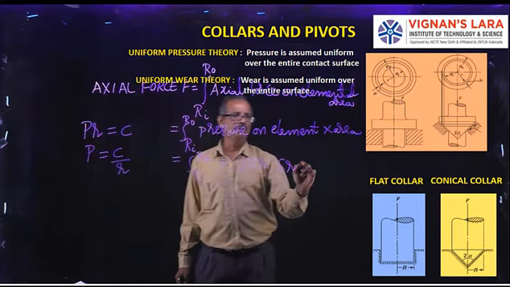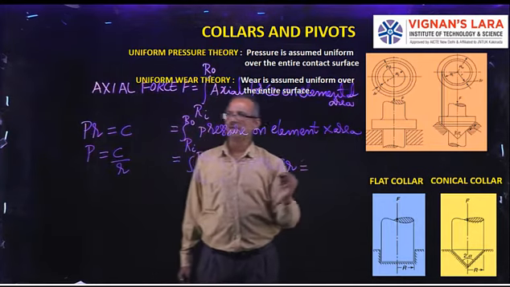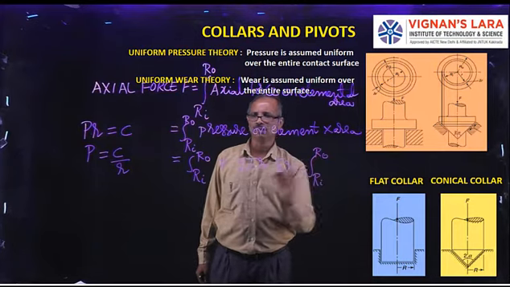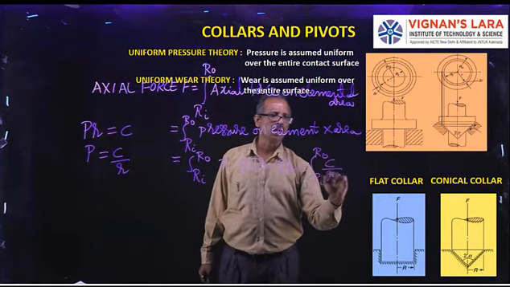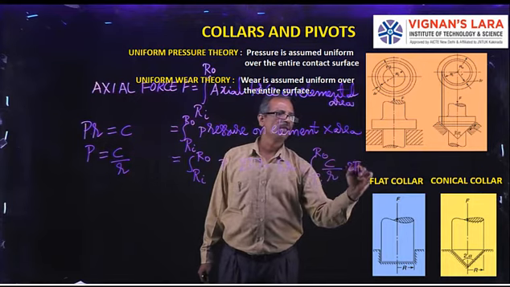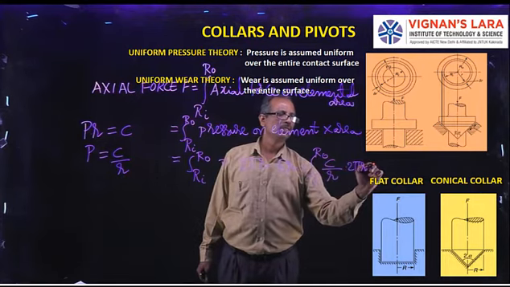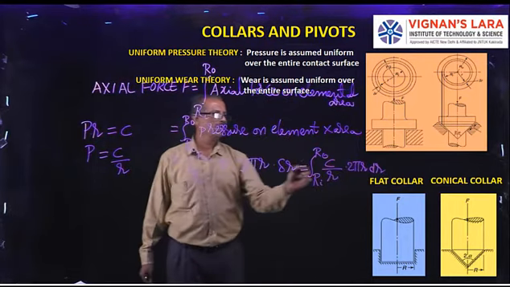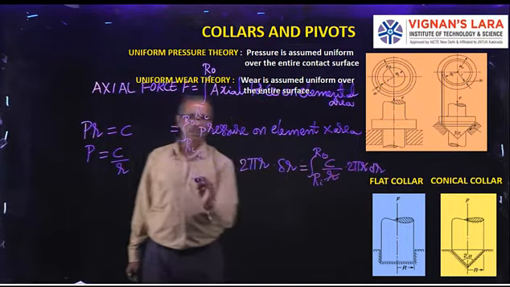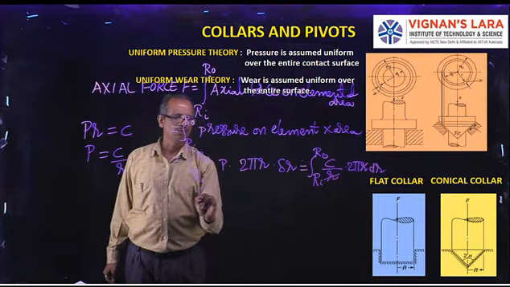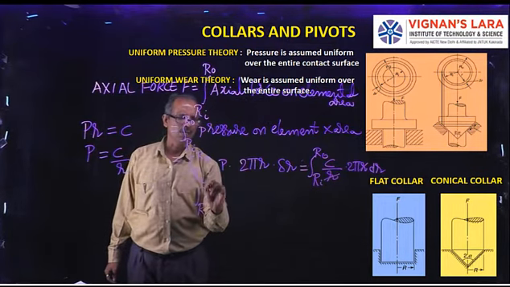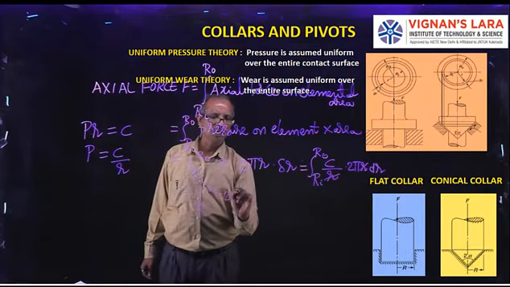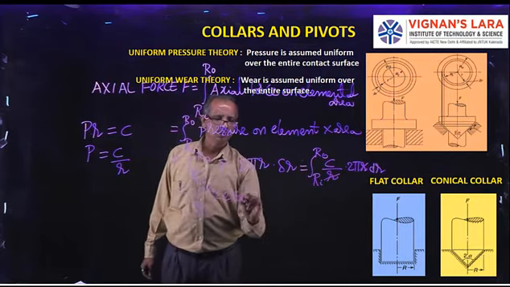From that I replace my P value by C by R, from Ri to R0: C by R, 2 pi R dr. Delta R can be replaced by dr. So R gets cancelled, and I have C 2 pi dr from Ri to R0.